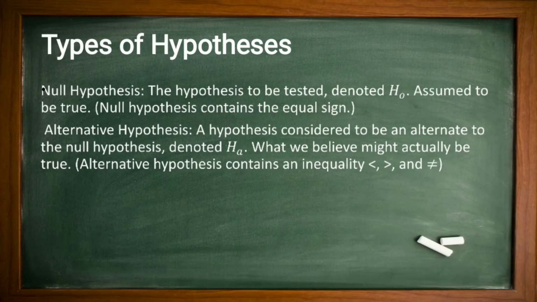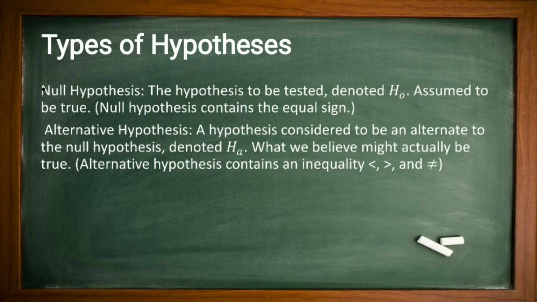Okay, so let's have first an example of null and alternative hypothesis. Consider as a non-statistical example a person who has been indicted for committing a crime and is being tried in a court.